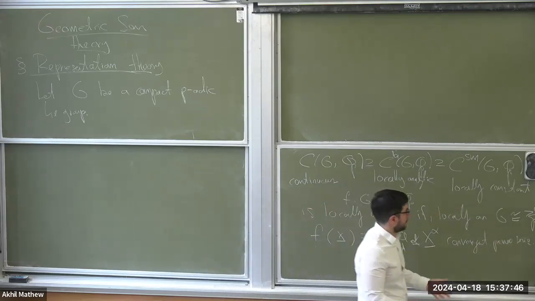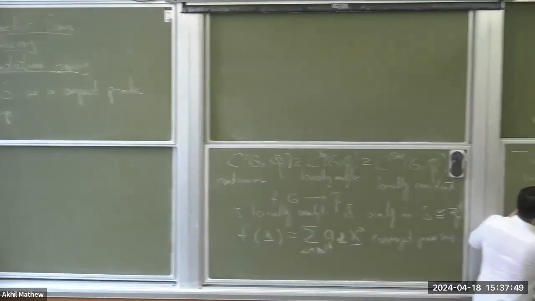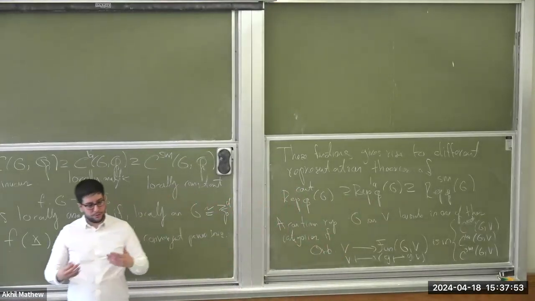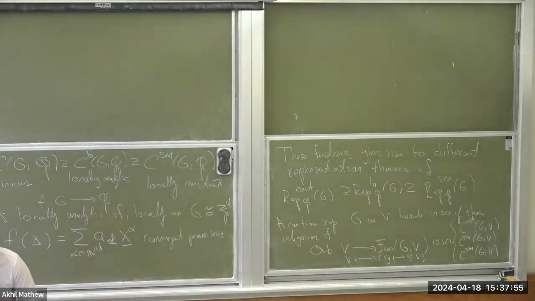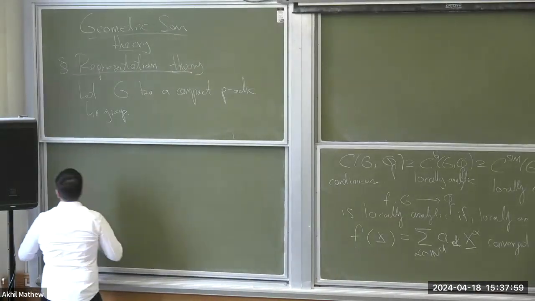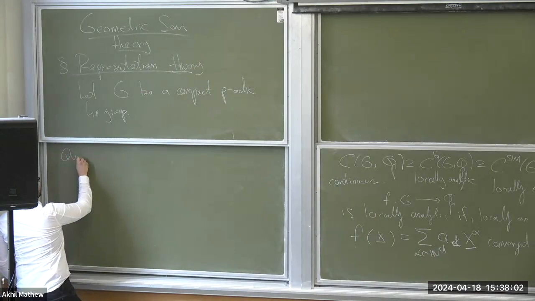So the question is, can we actually hook up these categories, maybe some enhanced versions of these categories, out of some geometric incarnation?